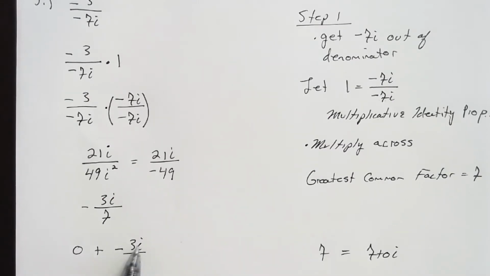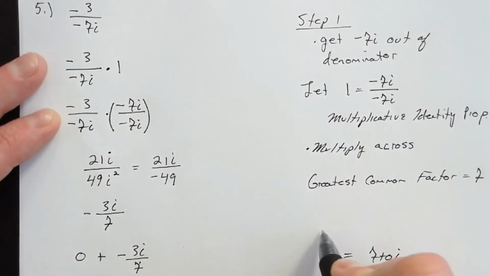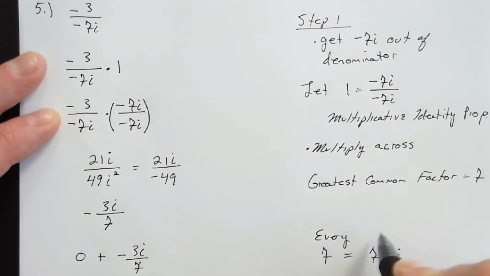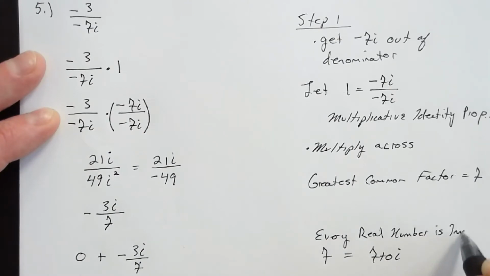Just like whenever we have an imaginary component, the real number component is always there, but what is it? It's always there, but it just happens to be what number? 0. Okay?